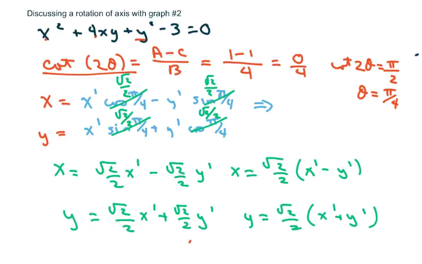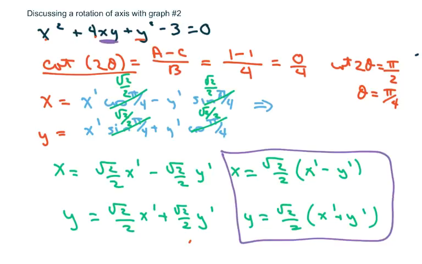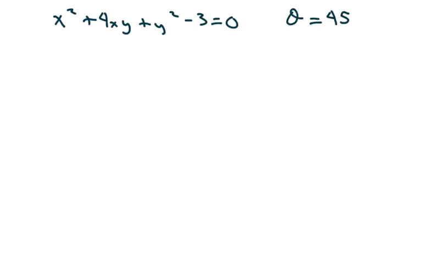These are the equations that are going to help us eliminate the xy term. So we're going to substitute our x and y with this. So I'm going to write this equation down again on this side, and we get x squared plus 4xy plus y squared minus 3 equals 0. Keeping in mind my angle is 45 degrees, or pi over 4.